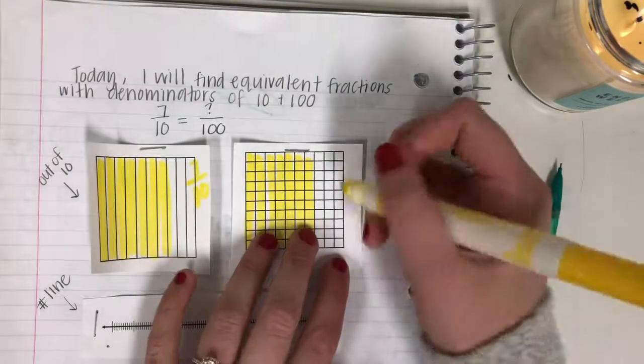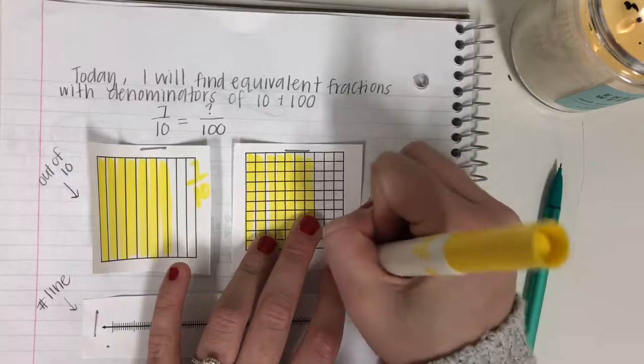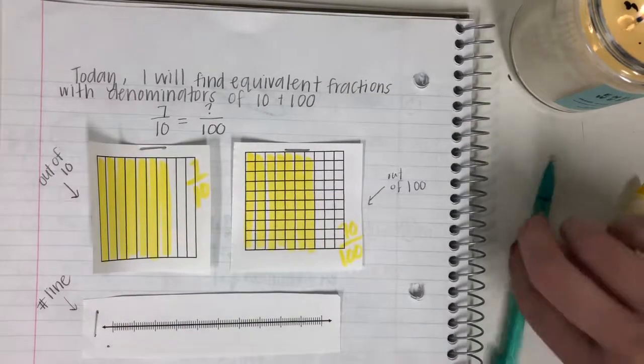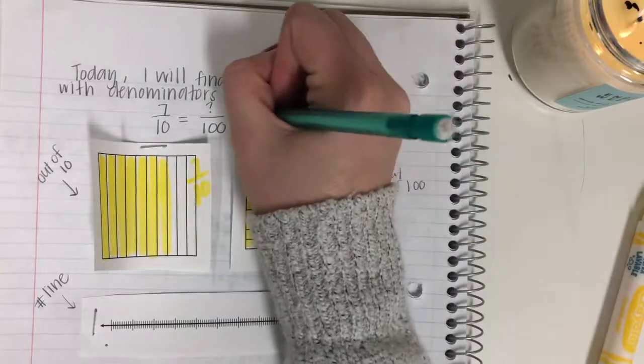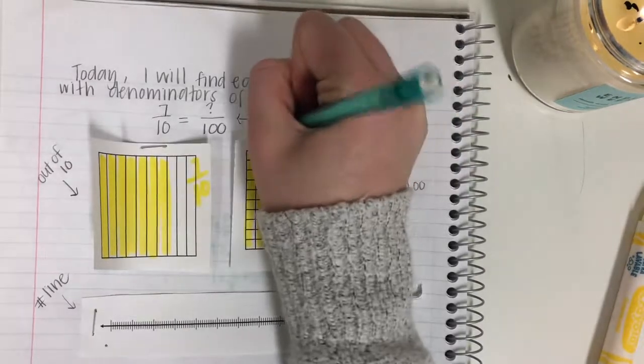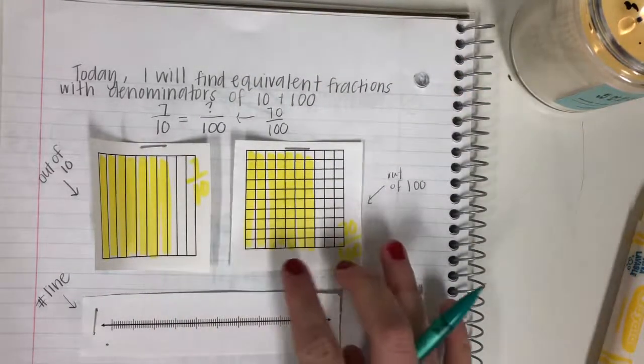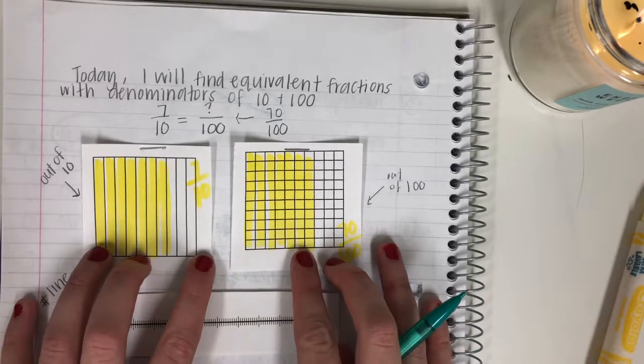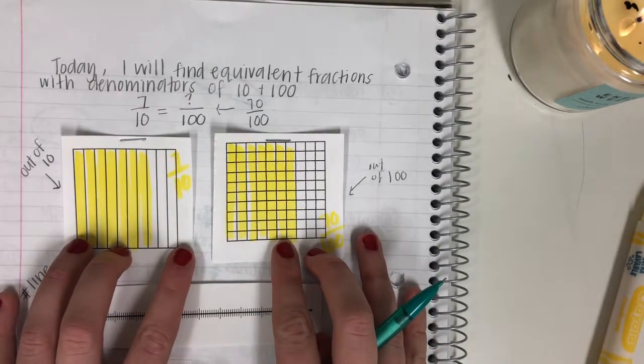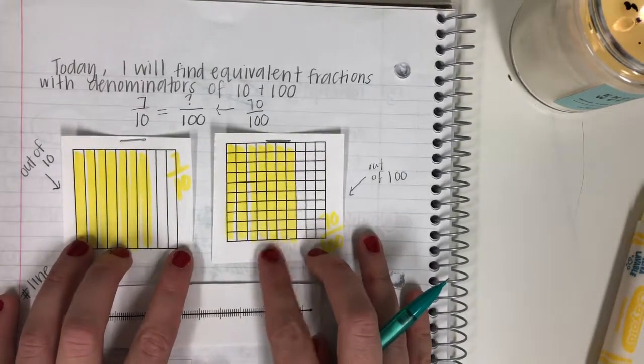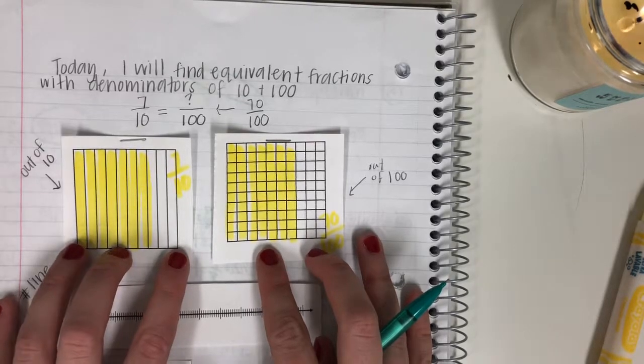So if this is out of 100, I have 70 over 100. So this answer is equal to 70 over 100. So 7/10 is equivalent to 70 over 100, or 70 hundredths. So this is how I would show it with a picture, with like an area model.